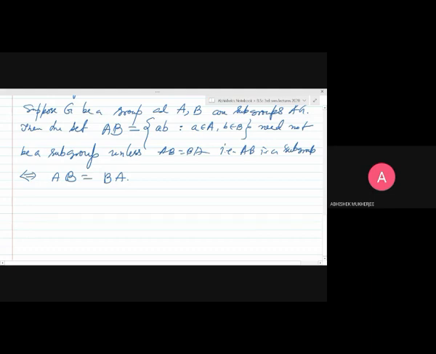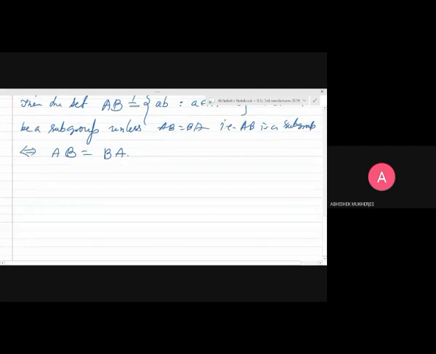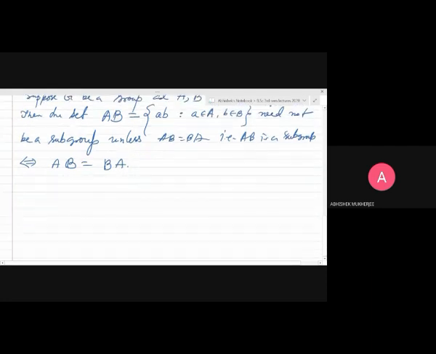So it's a natural question that how could you evaluate the number of elements in this set AB in terms of the number of elements in A and the number of elements in B, in the context of finite subgroups?